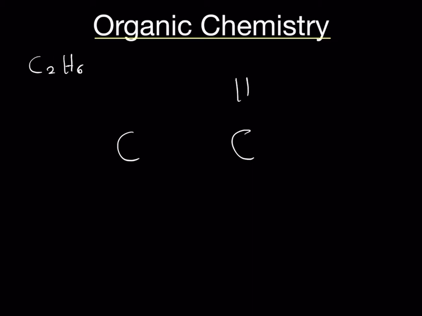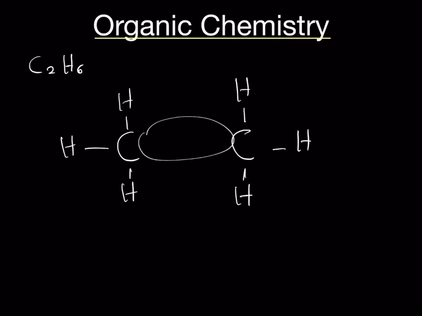So you'd put 3 around each, and then you would connect the hydrogens with the carbon with 1 bond, since hydrogen forms 1 bond, and then you'd figure out how many bonds you need in the middle. So now carbon likes to form 4, so this one has 1, 2, 3, and needs 1 more, and this one has 1, 2, 3, so it also needs 1 more. So 1 bond here would fulfill the valence shell of all of the atoms in this structure.